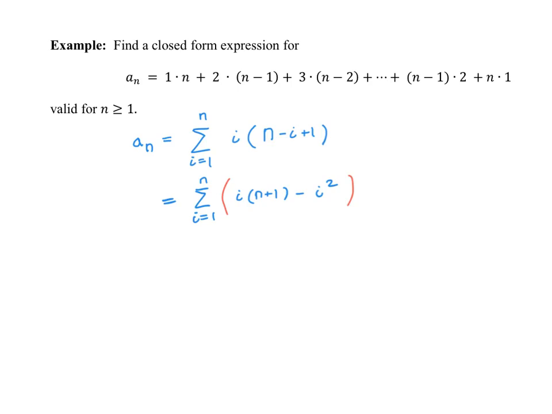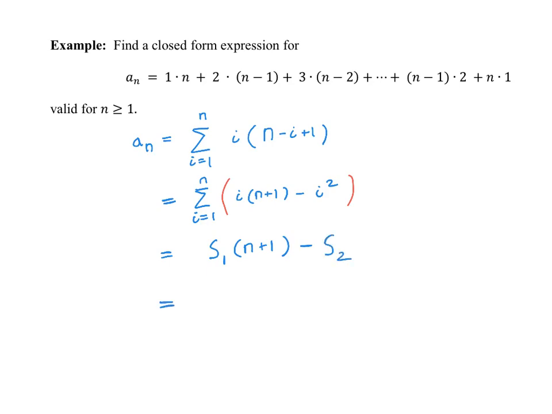Now, in a previous video, we discussed what happens with the sum of consecutive integers from 1 to n and the sum of consecutive squares from 1 to n. So we can go ahead and use the fruits of our labor here, and instead of writing i, we can write s sub 1. All of those terms are being multiplied by n plus 1. And instead of writing i squared, we can write s sub 2.